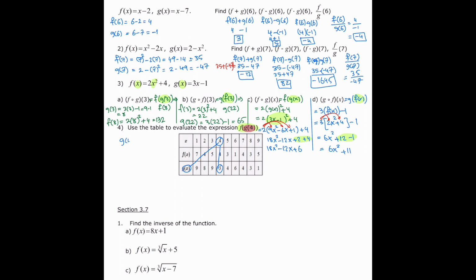So g of 4 is 3. That means f of g of 4 is the same as f of 3. I just replaced g of 4 with its value, which is 3. Now, f when x is equal to 3 is 5. So that is equal to 5, and that is the final answer.